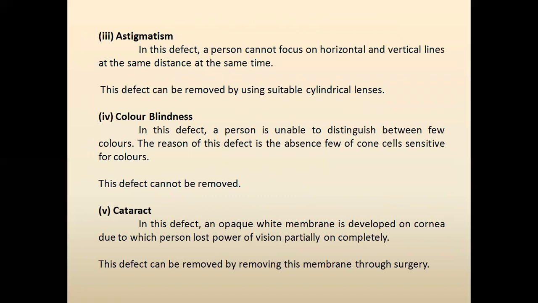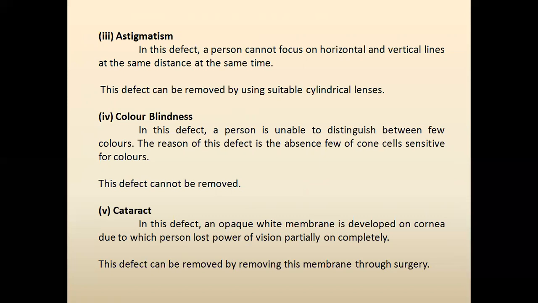Another defect of the eye is astigmatism. In this defect, a person cannot focus on horizontal and vertical lines at the same distance at the same time. This defect can be removed by using a suitable cylindrical lens. Another is color blindness, and this defect cannot be removed.